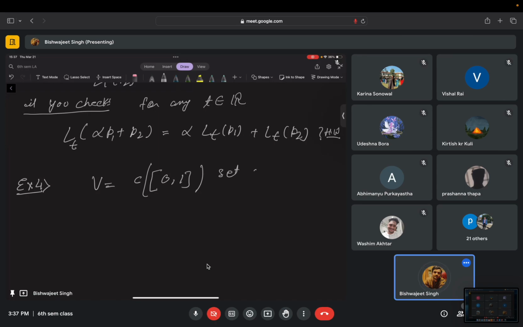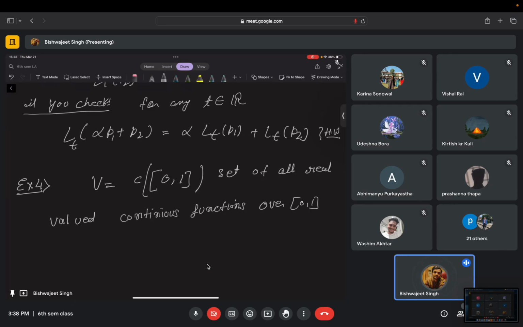This is the set of all real valued continuous functions over 0 to 1.